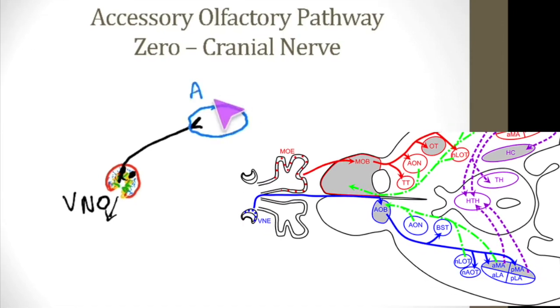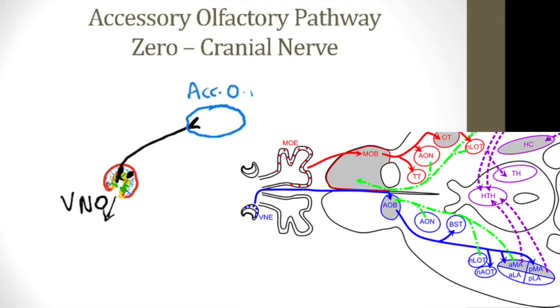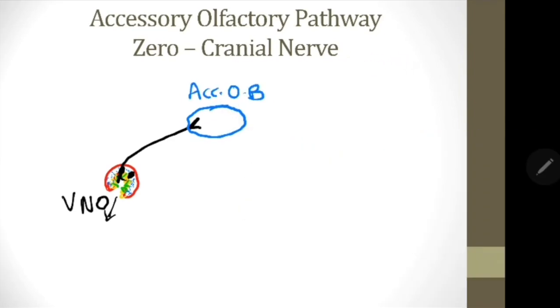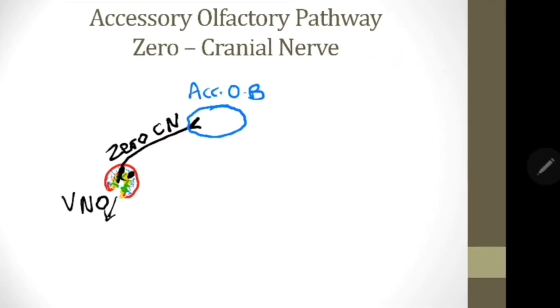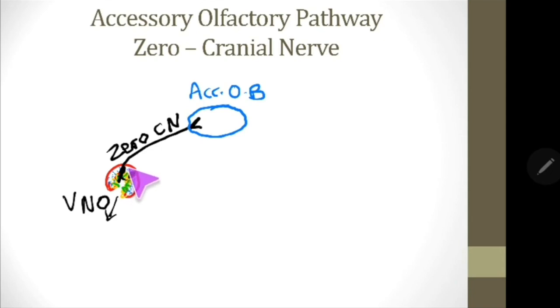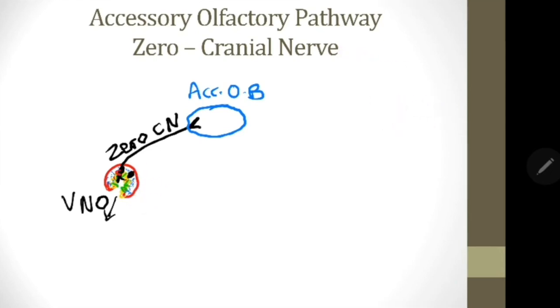Now this is the accessory olfactory bulb. And the important thing is that this nerve is the zero cranial nerve. The pattern will be the same as the first cranial nerve, because these are first order sensory neurons. These are bipolar cells, as I already mentioned, with their cytons lying here.